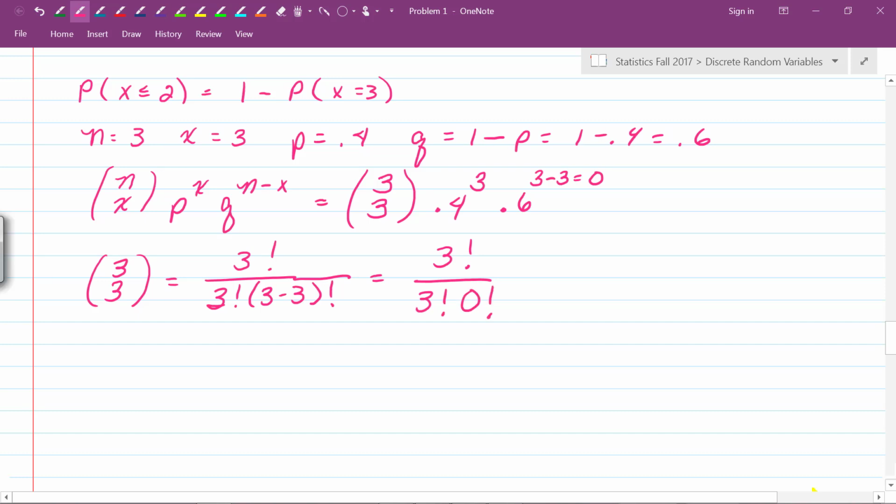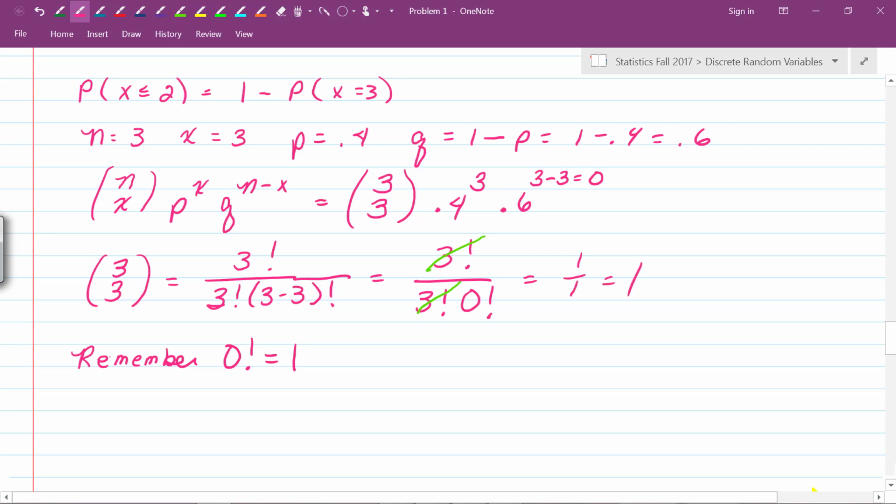Remember that 0 factorial by definition is equal to 1. So you need to remember that. This is going to mean that 3 factorial factors out 3 factorial, and we are left with 1 divided by 1, which is simply 1.